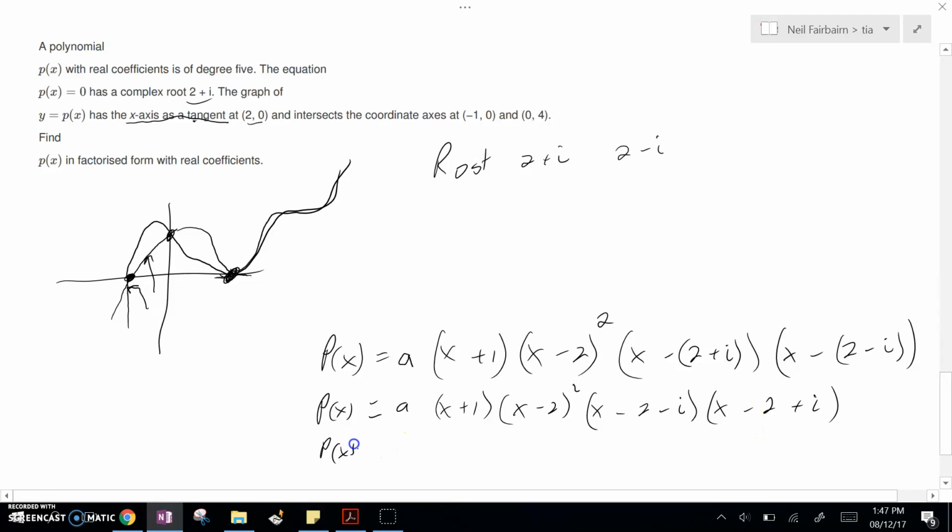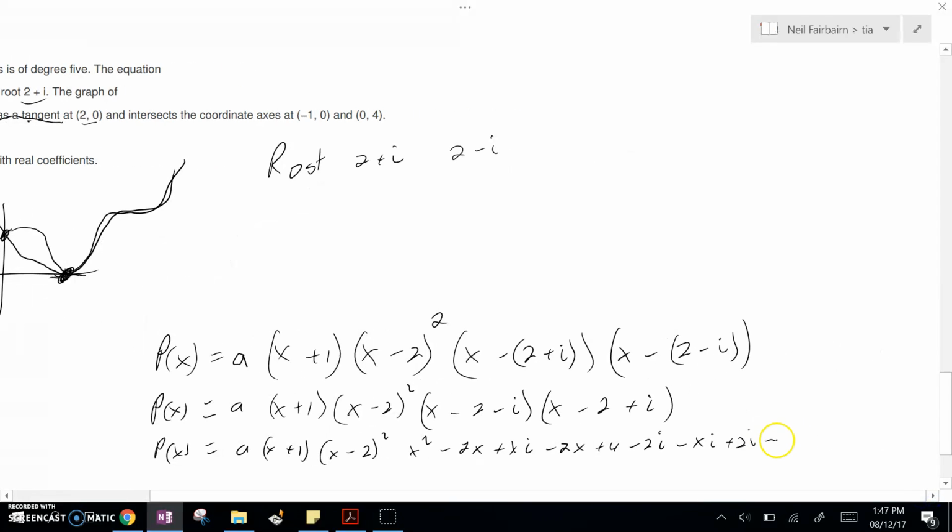So p of x is equal to a times (x plus 1)(x minus 2) squared, times what becomes x squared minus 2x plus xi minus 2x plus 4 minus 2i minus xi plus 2i plus 1. i times i is -1, and the negative makes it a positive, so you have 1.